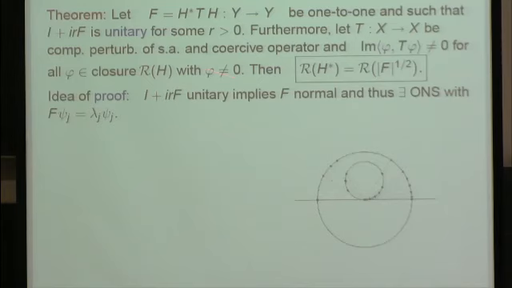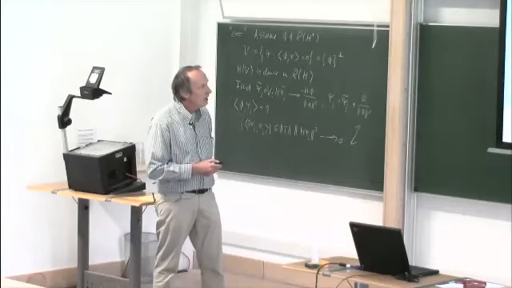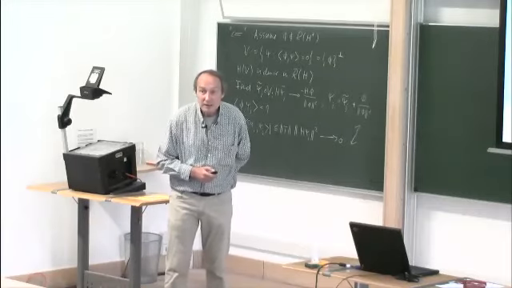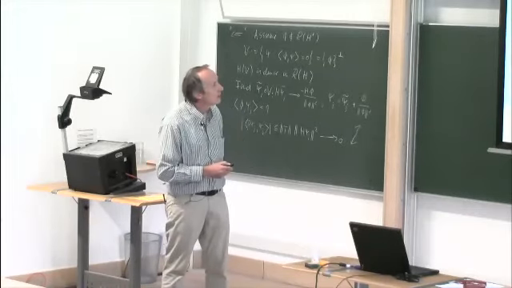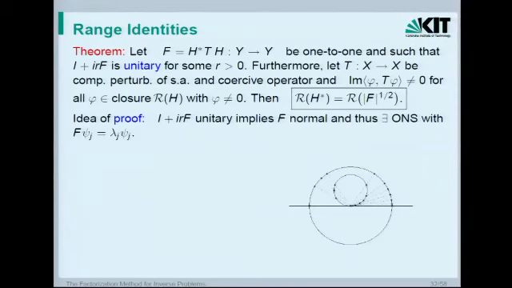And as you know from functional analysis, a normal operator has a spectral decomposition, just as the self-adjoint operator, with the exception that the eigenvalues are not real anymore. I should maybe have said it somewhere, it is compact.